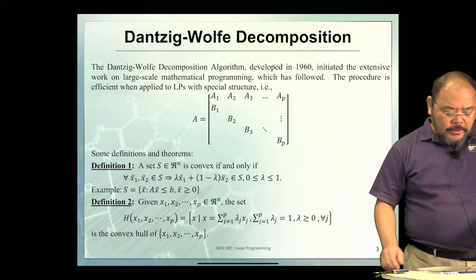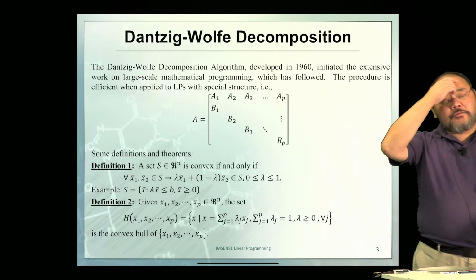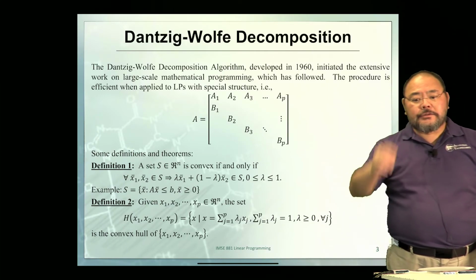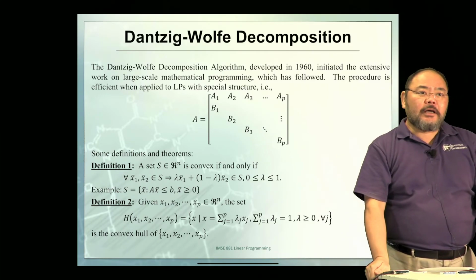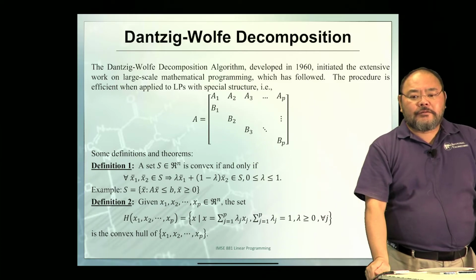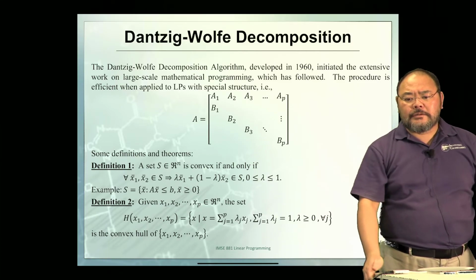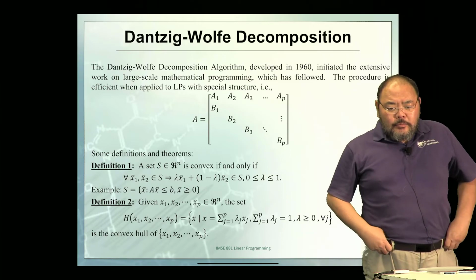The Dantzig-Wolfe decomposition algorithm was developed in 1960, actually a few years after the simplex method was developed and proposed.